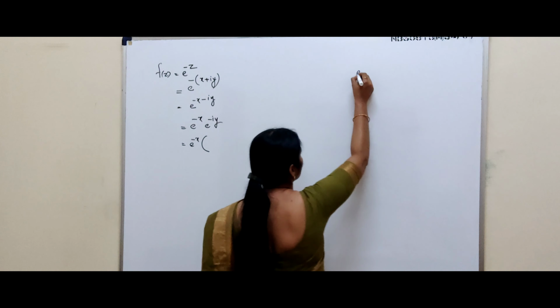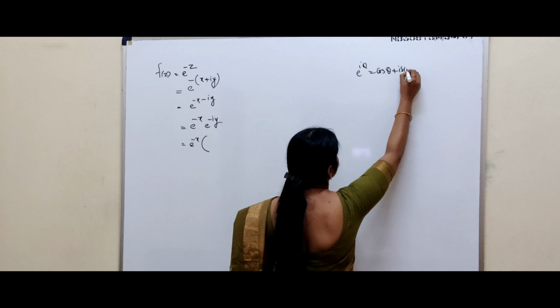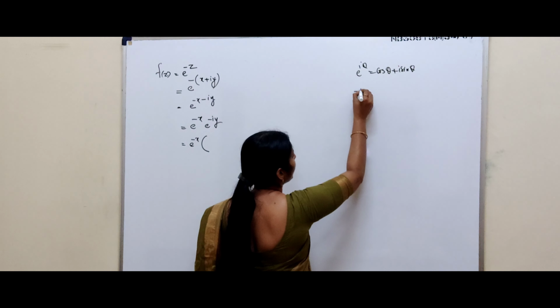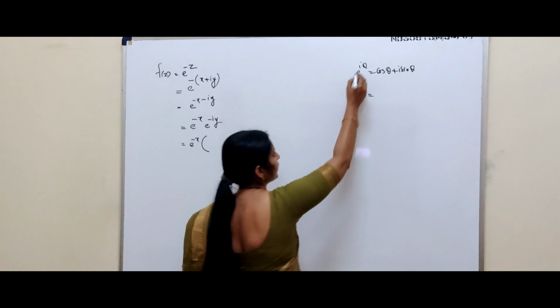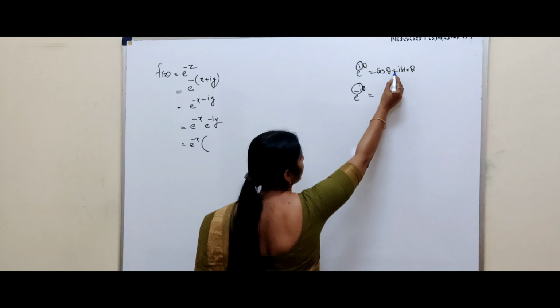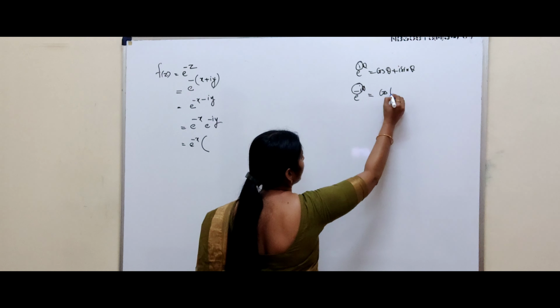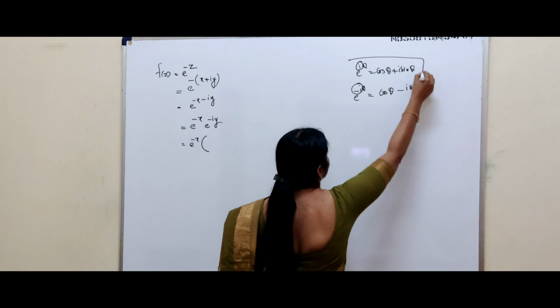See, we know e raised to i theta is cos theta plus i sin theta. So, how can we write e raised to minus i theta? Here the only change is i is replaced by minus i. So you have to replace plus i by minus i. So e raised to minus i theta is cos theta minus i sin theta.